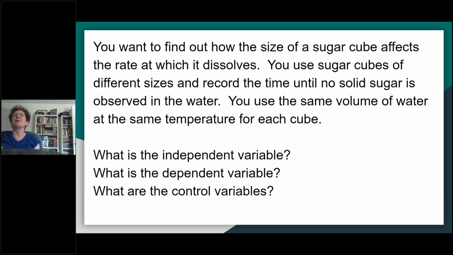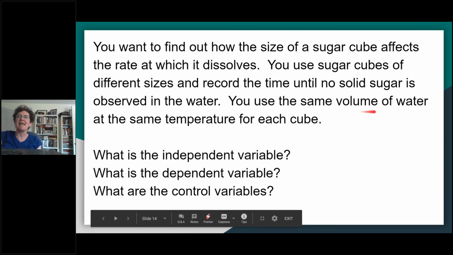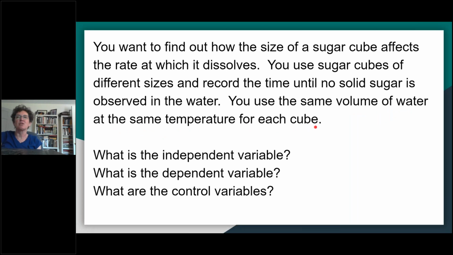Look at what it says here: you use the same volume of water at the same temperature for each cube. So if you're keeping it the same, that's not the independent variable.